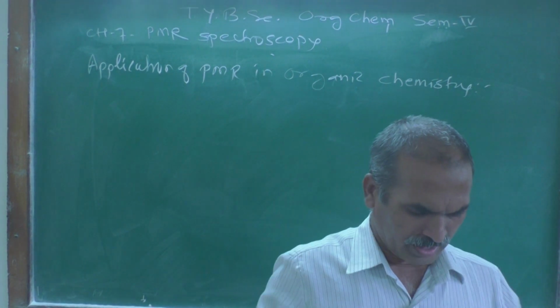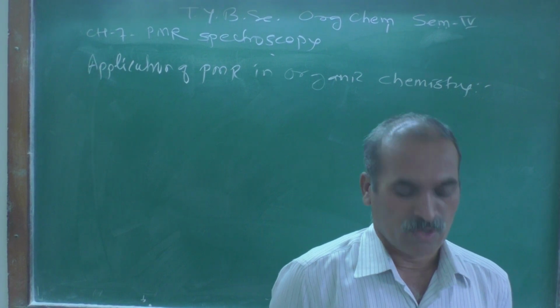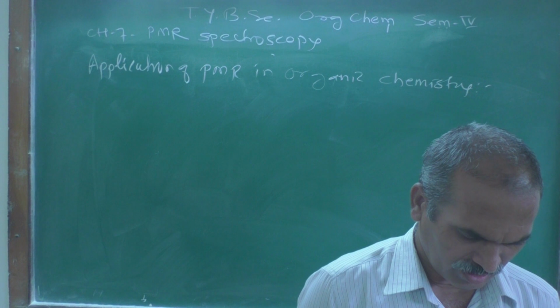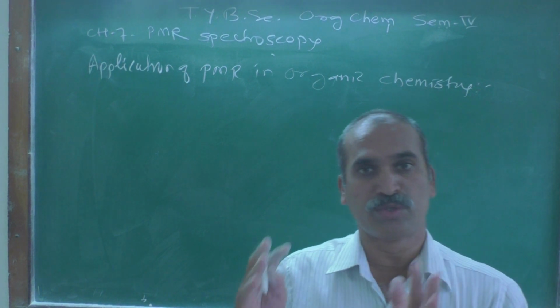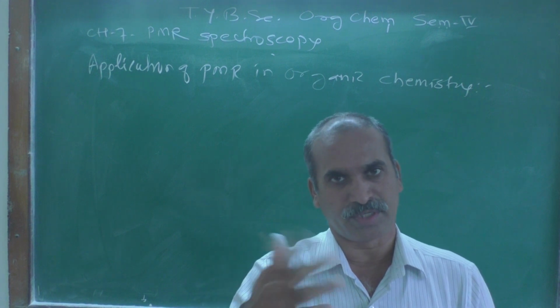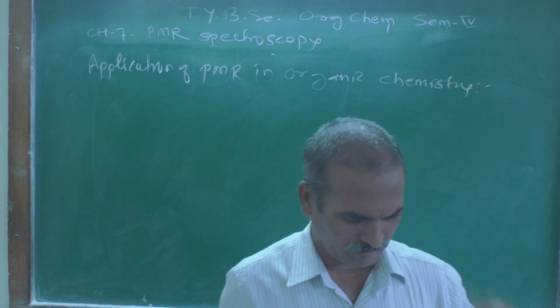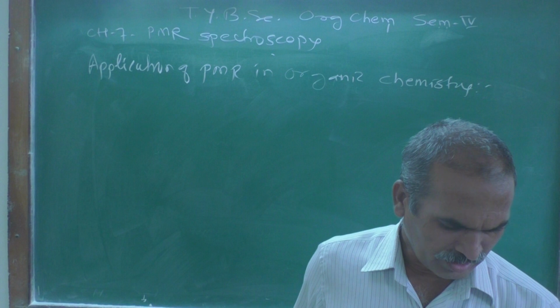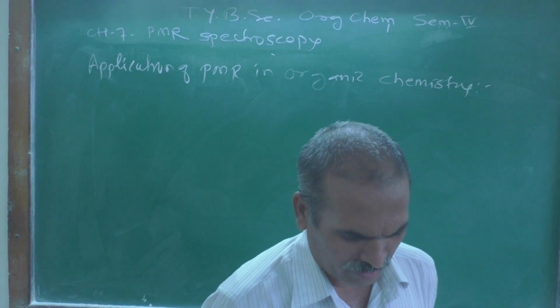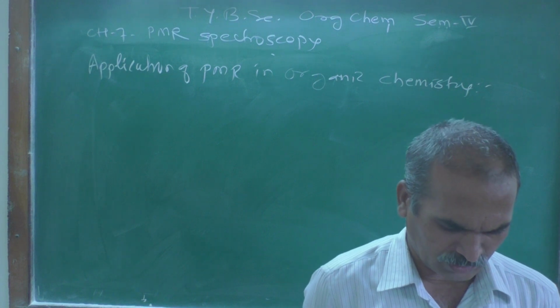Number one, the PMR spectrum gives the following information which helps us to deduce the structure of an unknown compound. First, it helps to find out the number of types of proton in the molecule.